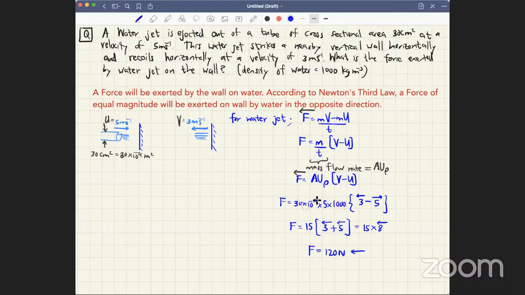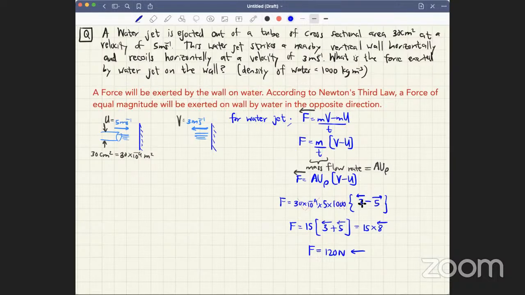That's why we have to put the initial velocity there. Got it? Because you have to see how much water is coming towards the wall, how much mass is approaching the wall. Before the collision happens, that's what we have to put here. That's why it's A U rho.